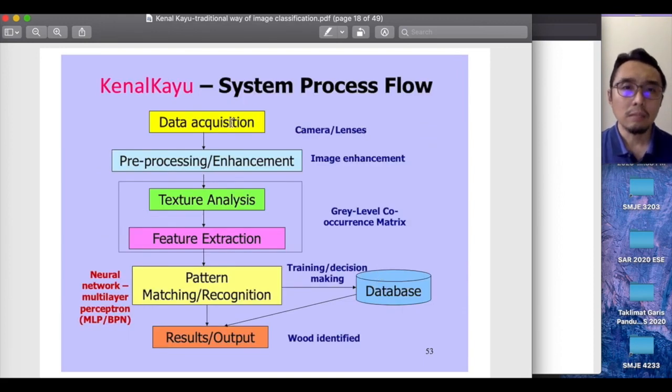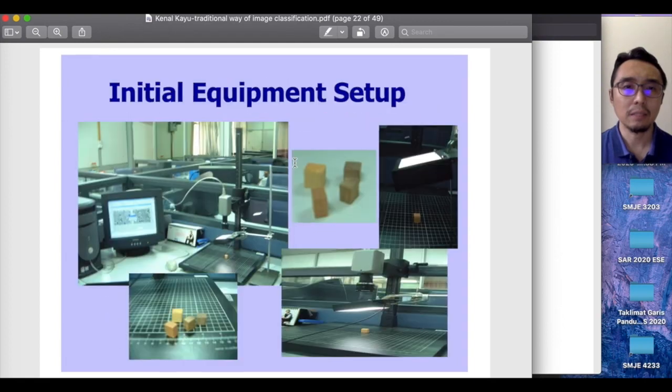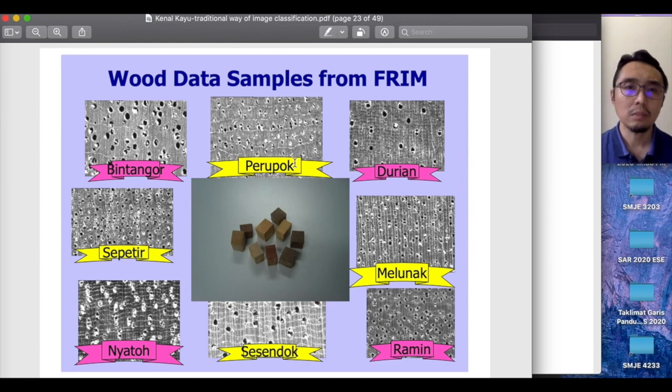So the process is as follows. You would need to have the image of the wood cross-sectional area, and you do some pre-processing. I just would like to highlight the pre-processing part here. So these are the equipment used. This is the actual image obtained. These are grayscale images.